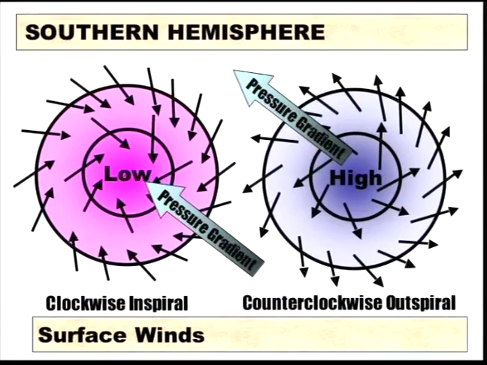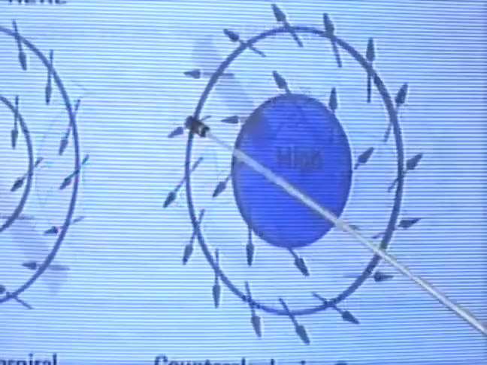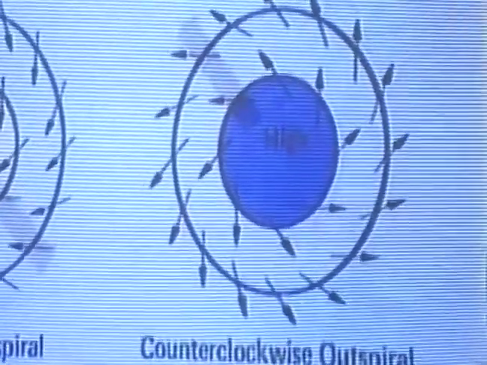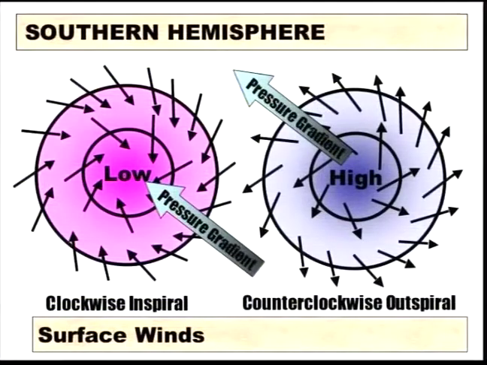Still in the southern hemisphere, where there is a high pressure in the middle, air will spiral out of the high pressure area in an anti-clockwise direction. Okay, perhaps I'll give you 1 minute or so to make note of that diagram to go with that information that we have just looked at.